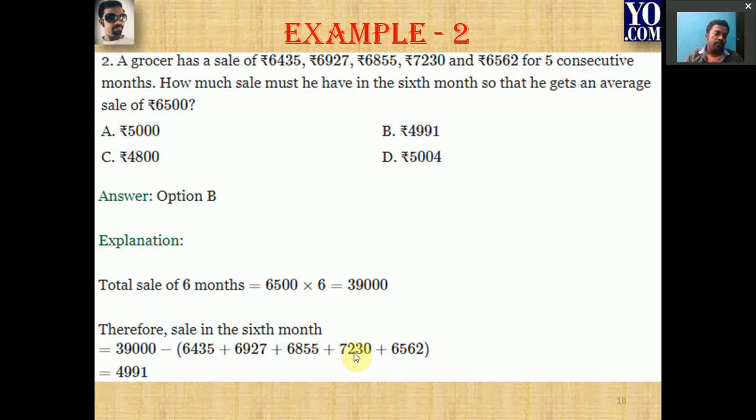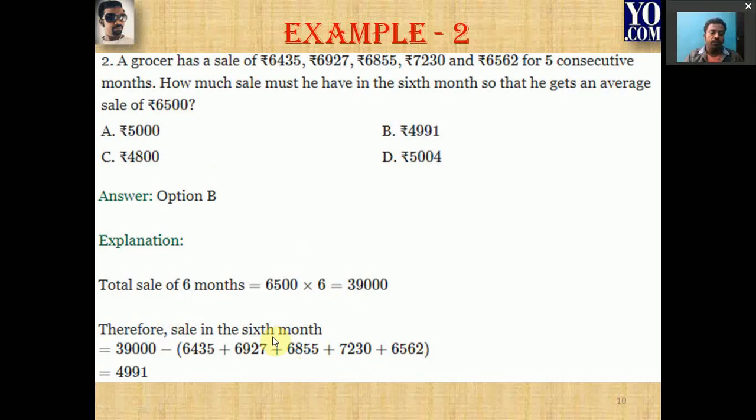So here we have the explanation. The total sale of 6 months is equal to 6,500 into 6, the average of all the 6 months, that is equal to 39,000. Therefore, we have the sale of 5 months.